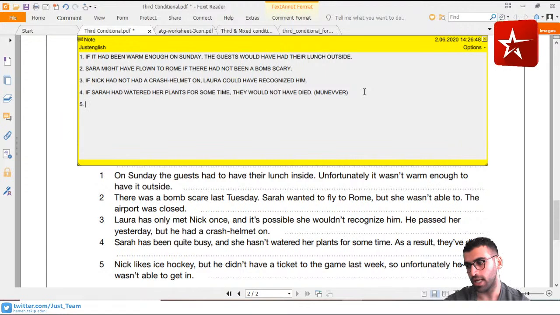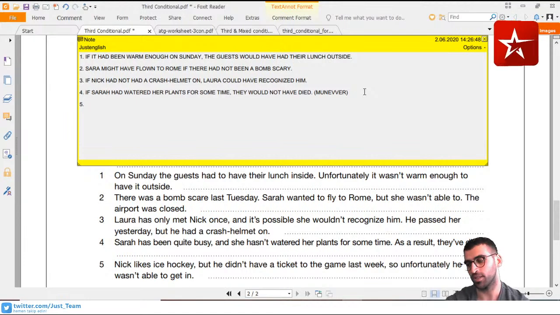Banofshe Aliyeva. I think she's from Azerbaijan. Okay. Banofshe Aliyeva says if Nick have had a ticket to the game, he would have been able to get in.